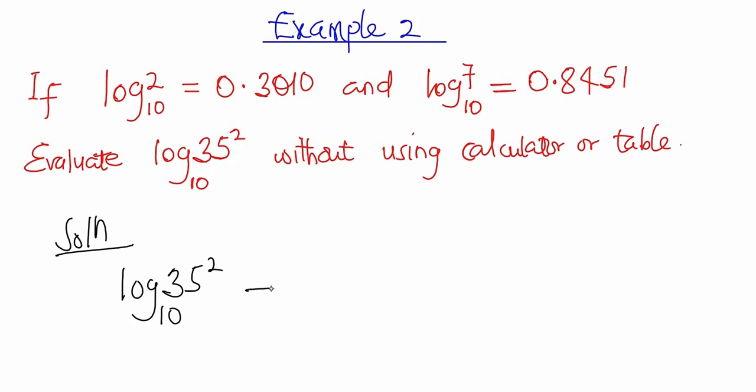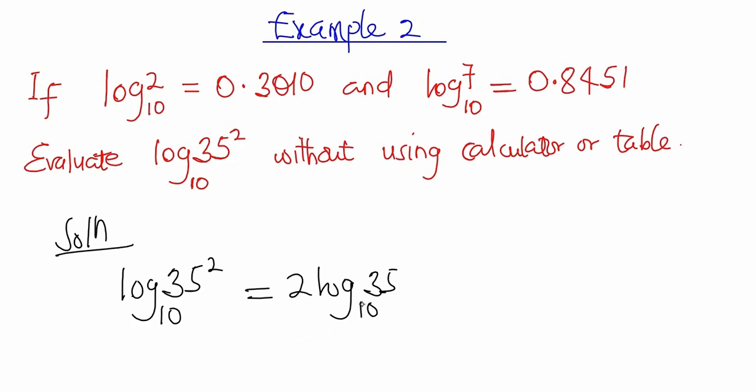So before we do, we can see that the 2 here, that's the exponent, can be written as a coefficient to logarithm of 35 base 10 by using the power law from the laws of logarithms. Now we have 2 logarithm of 35 base 10.